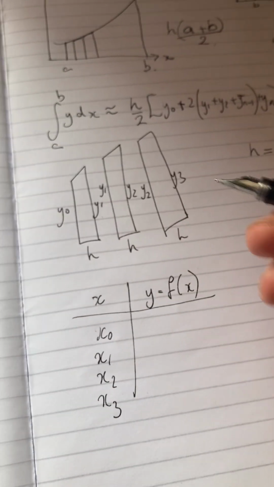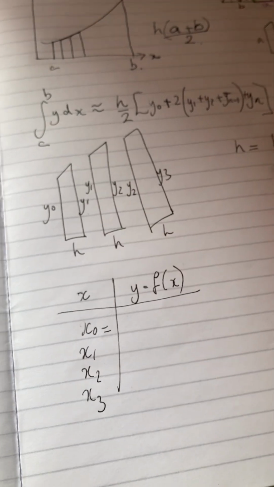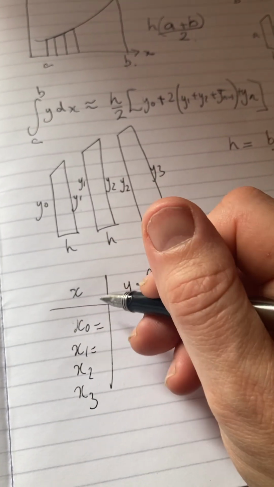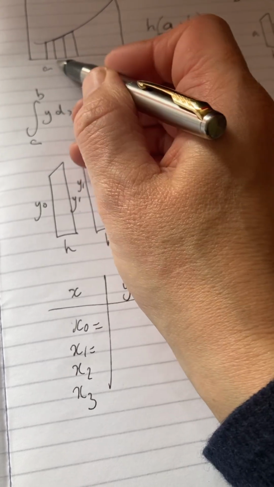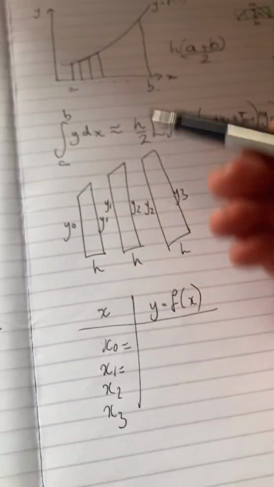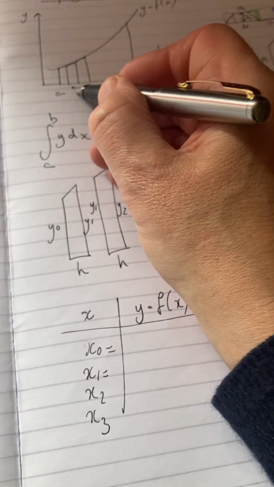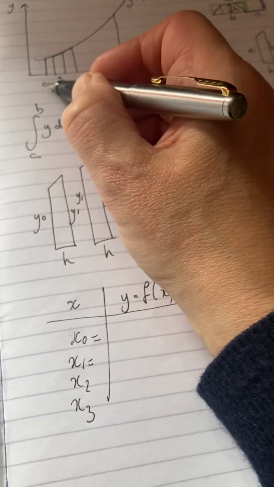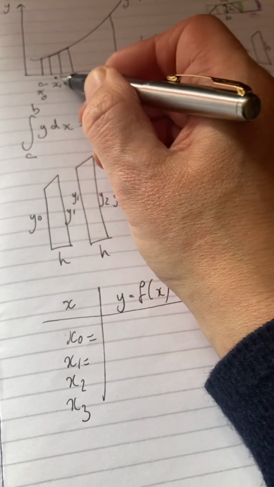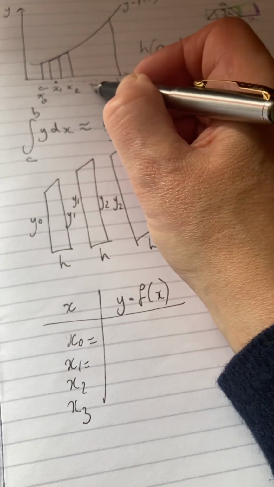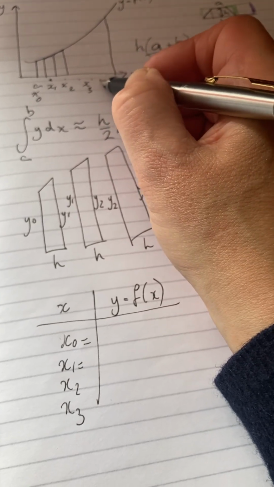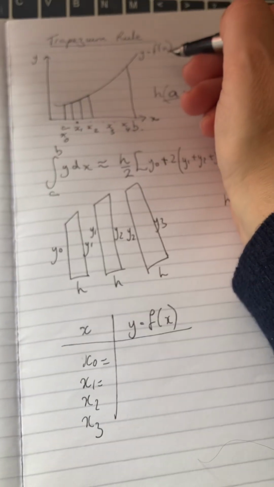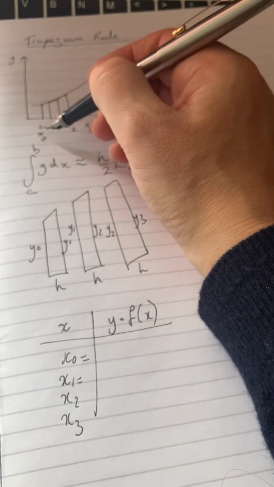Then you work out your x values, whatever they are. Your x values are just the numbers along here that you've decided. So x0 is always a, then x1, x2, x3, and x4.